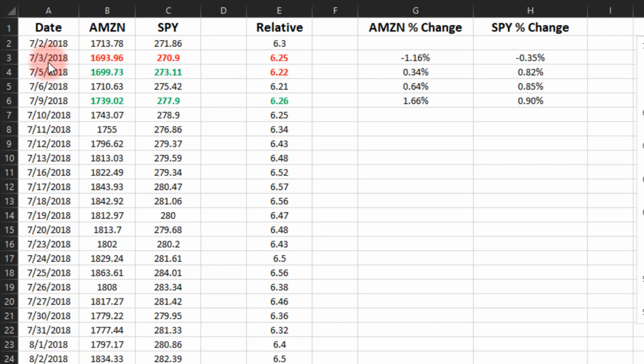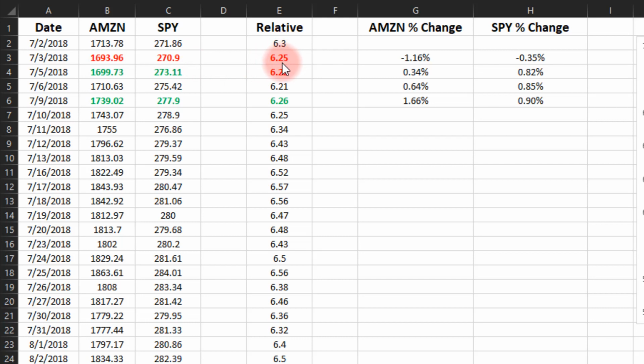The next day, 7/3, take a look what happened. Amazon fell from 1713 down to 1694 almost. I'm highlighting that in red. The S&P also fell from 271.86 to 270.9. It's also in red. Both indexes fell. And we also see that our price relative fell from 6.3 to 6.25.